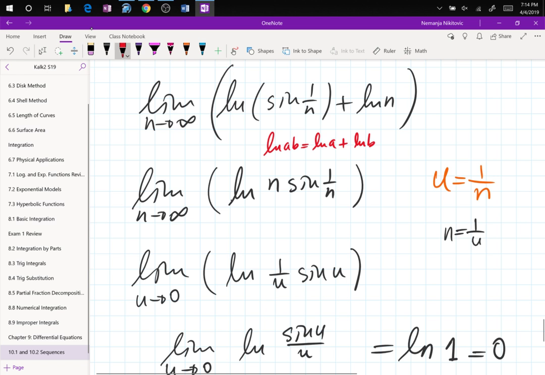Let's say this is on the exam, on the final, talking about this exact question. And you say it converges to 0.